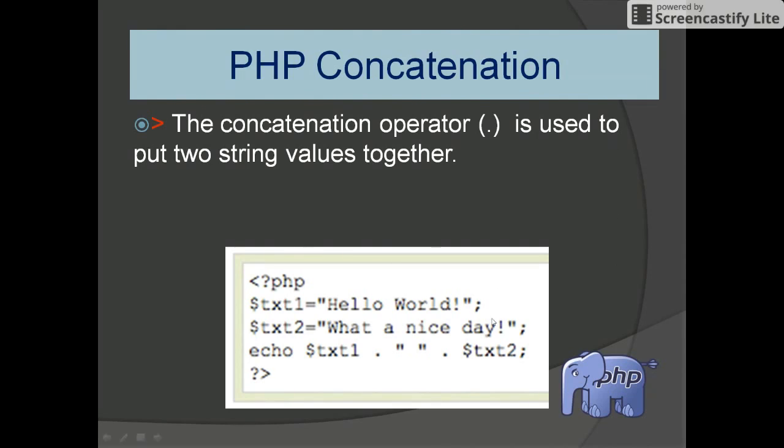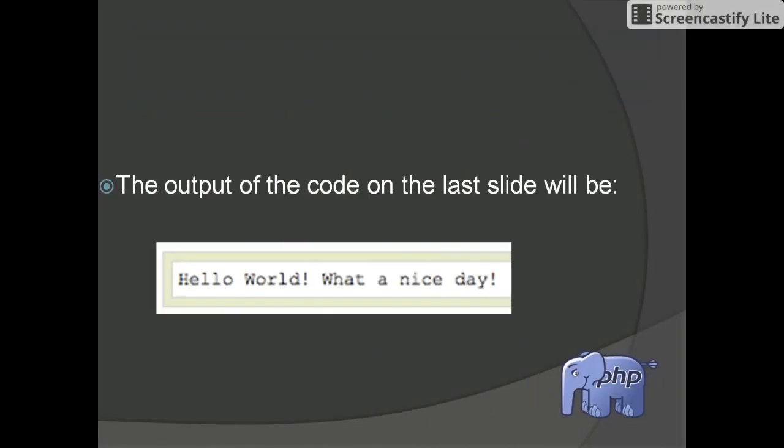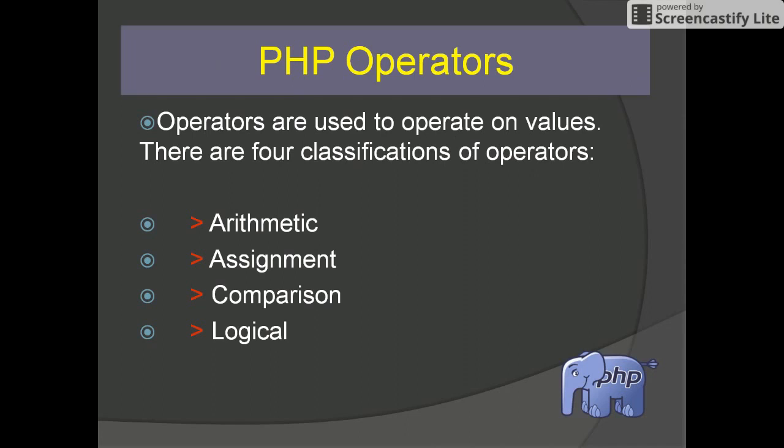In echo, when we are displaying a string, for example, here we have declared two strings in two different variables and are trying to print them on the screen, we can use the concatenation operator dot to concatenate these two strings. If you have been working with Java, you might place a plus symbol in place of this. The output would be simple.